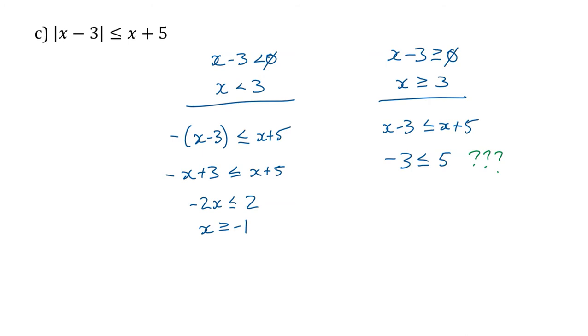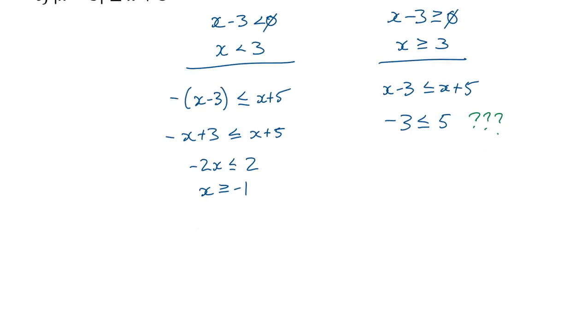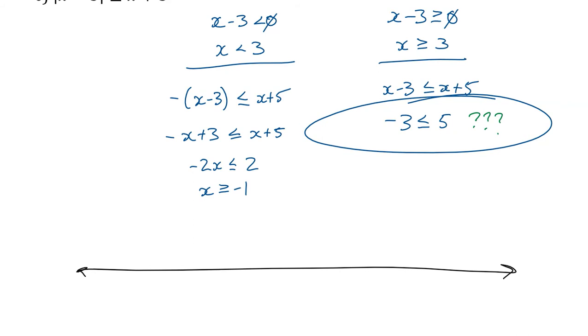Okay, let's do the left side first. So that's what you should have so far. Okay? So check that and then we're going to interpret the left side first. So let's see, I've got -1 and 3, and this side doesn't have a number. So I only have 2 numbers on my number line this time.